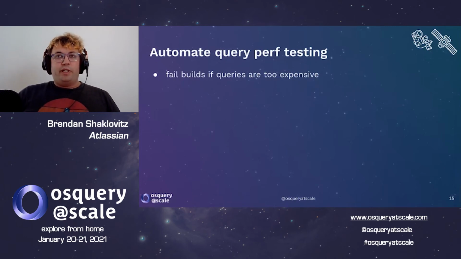So we modified the profiler script that's included in the Osquery repo to support the Fleet YAML and added that to our builds so that we could start detecting regressions in performance when we were modifying or adding new queries.